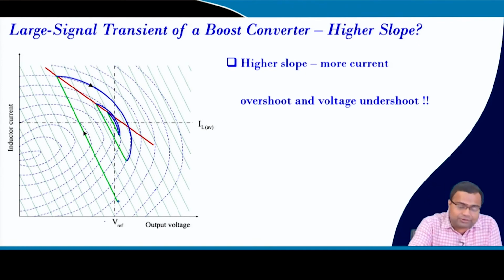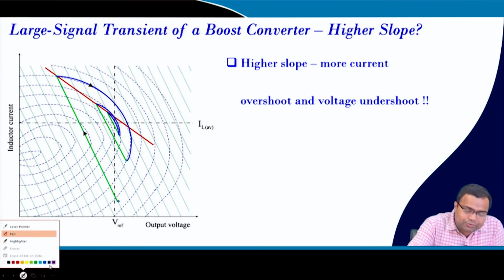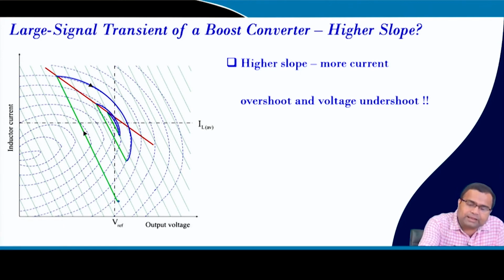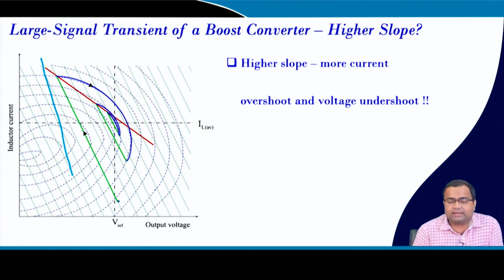In fact, suppose by mistake you take the slope like this, then it will be unstable, because the slope is higher than the magnitude of the slope of the on state trajectory.